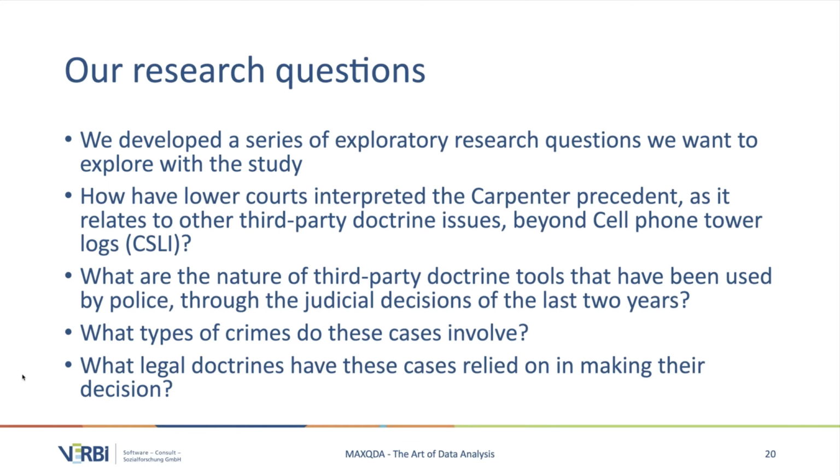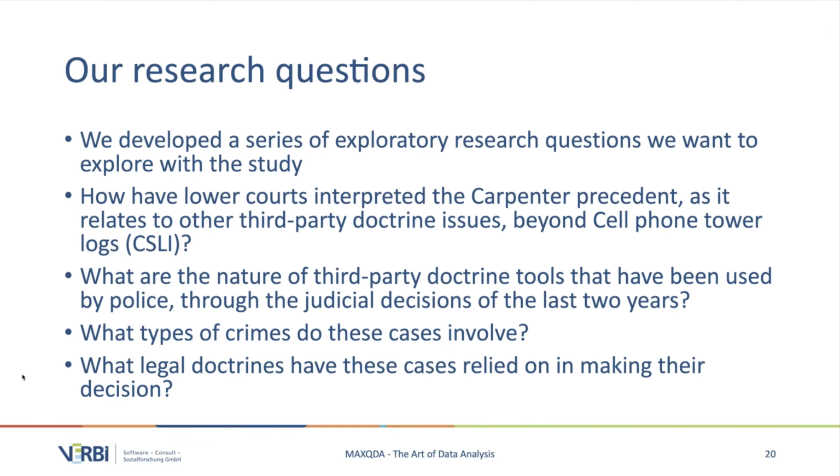And we developed a series of exploratory research questions we wanted to explore. We wanted to know how lower courts interpreted the Supreme Court's policy, to see how lower courts suggested it related to other third-party doctrine issues beyond acquiring cell phone tower logs data.